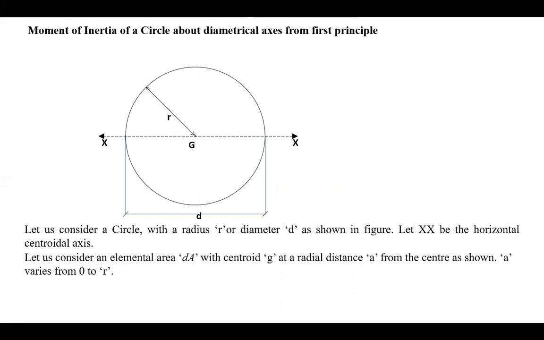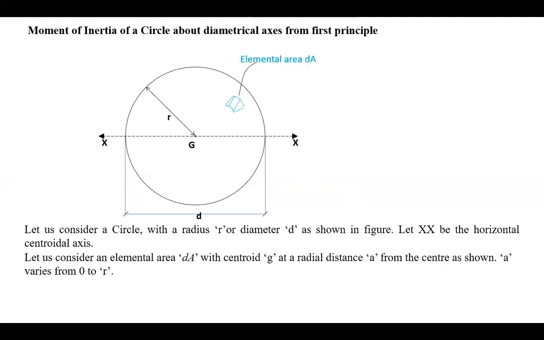As usual for deriving the moment of inertia, we consider an elemental area, find its second moment, and then obtain the total moment of inertia by integrating that second moment of area with respect to the limits.